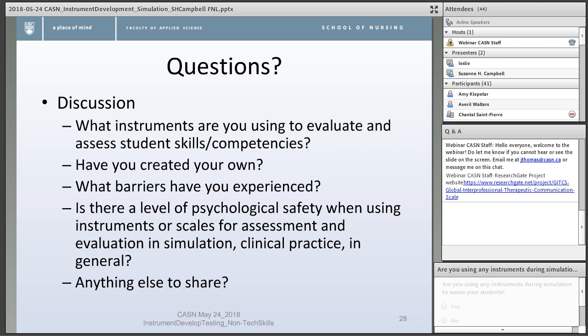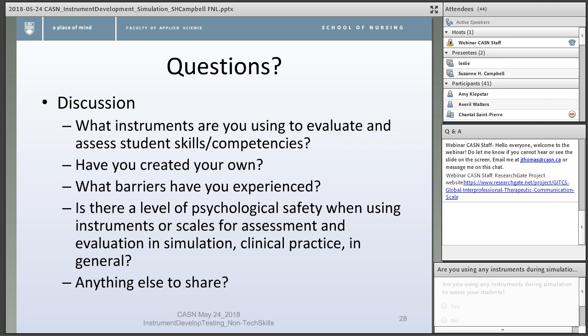So that's the other piece where I think we need to develop this level of psychological safety in our schools of nursing for faculty and students, that this is not punitive, this is not something that goes on a record as a bad thing, but using it more formatively. I think we're still away from the high stakes OSCE type testing where you pass, you fail, you get a grade. This is meant to be formative.